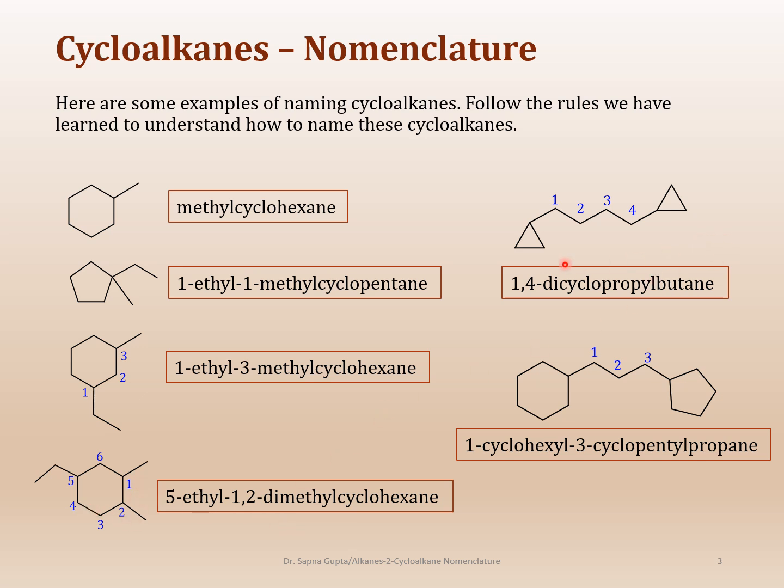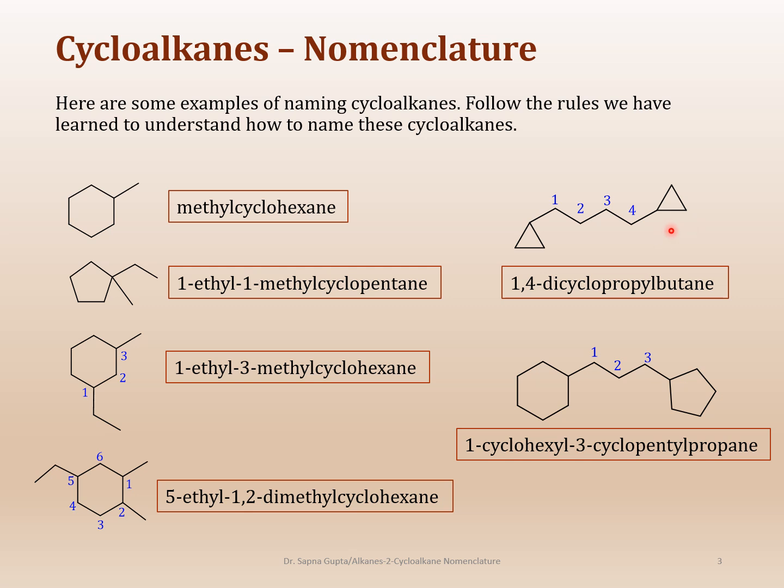Okay, here we have two of these cyclopropanes over here. But what happens here is that we have this long chain in the middle. So butane is our base, or parent name. And then on the first carbon and on the fourth carbon, you have the cyclopropane ring structure.